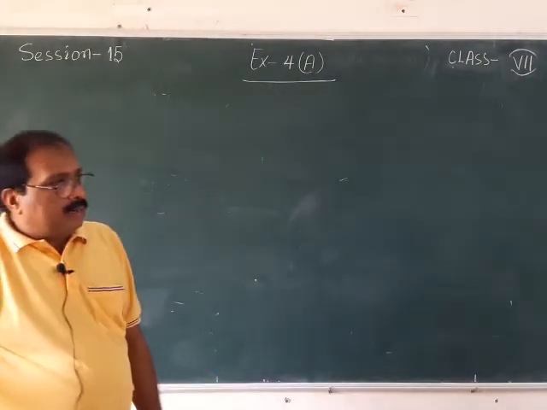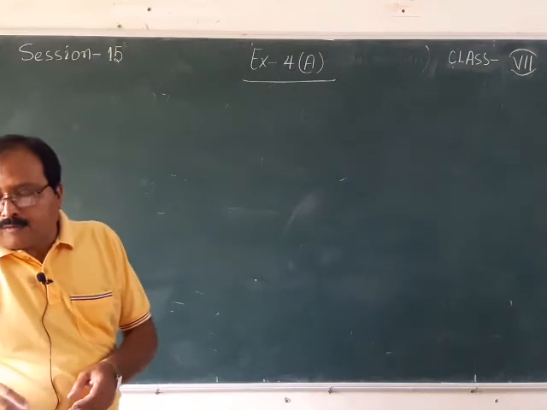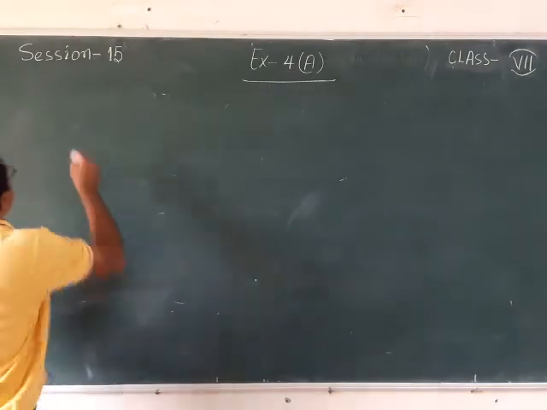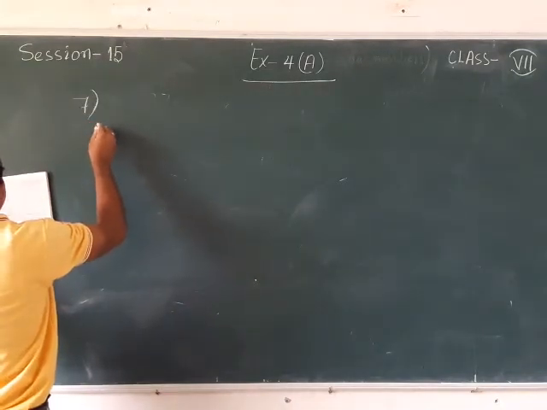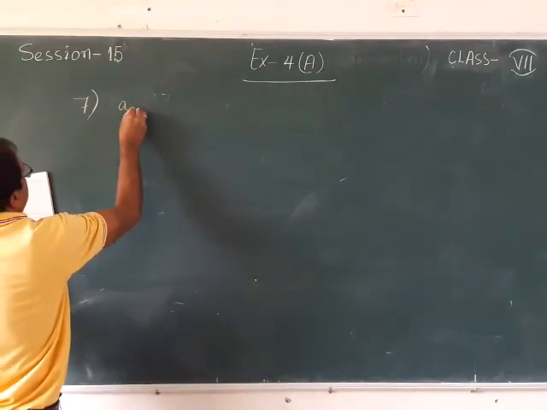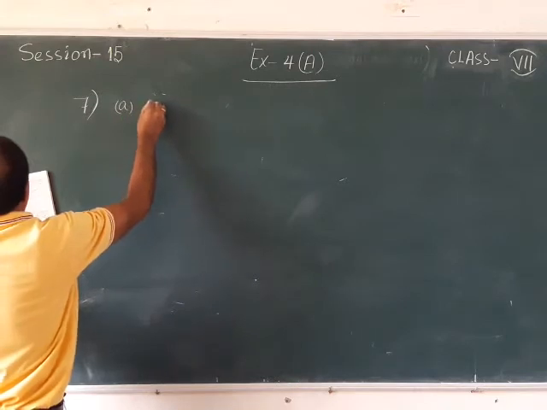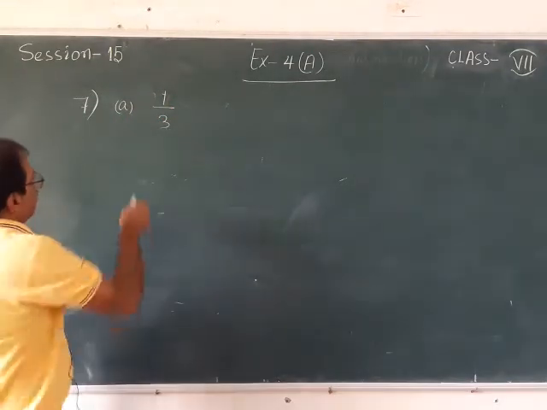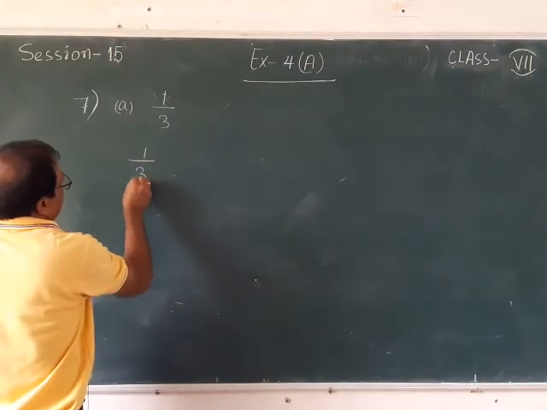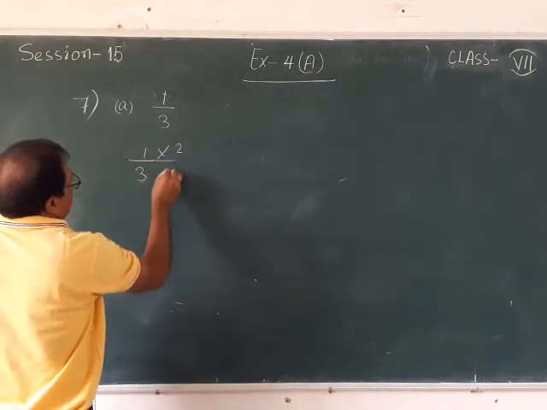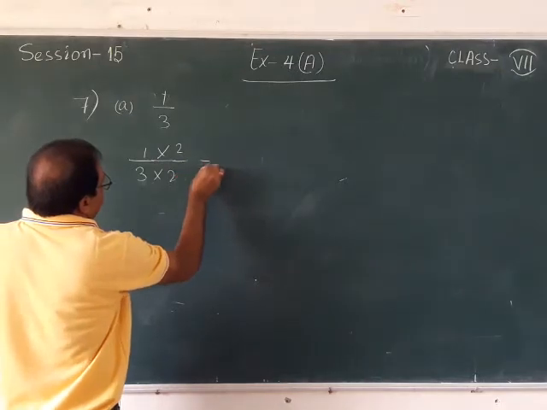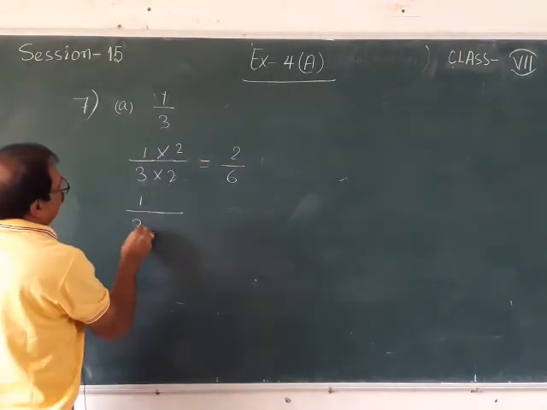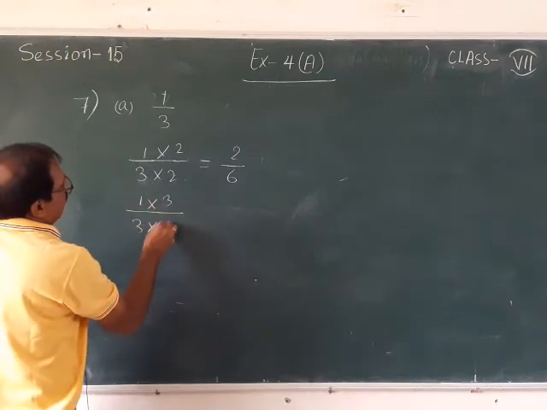Now question number 7, you can see: find 4 equivalent rational numbers for the following rational numbers. So for 7a I can write here 1 by 3. How many numbers do you want to write? 4. So first write 1 by 3 multiplying it by 2, so it is coming 2 upon 6. Then again I am writing 1 by 3 multiplying it by 3.